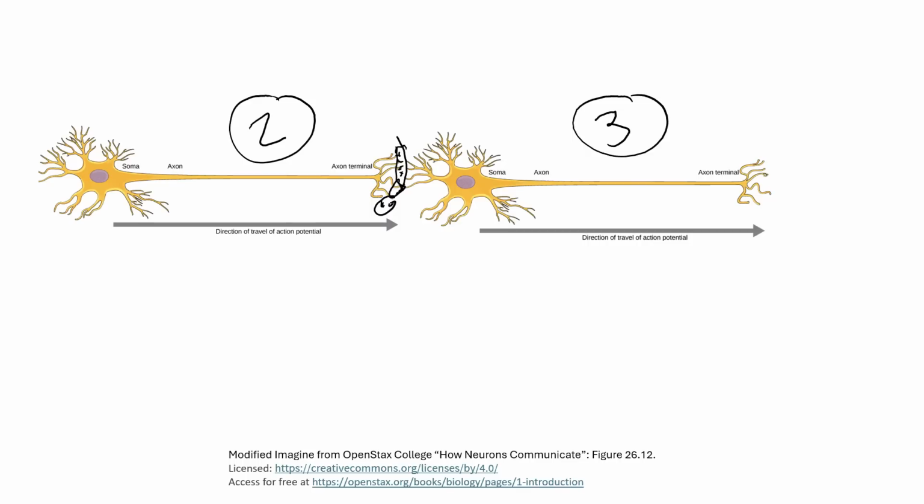So we can probably imagine that on the dendrites of neuron number 3, specifically the portion of the dendrites that lie underneath the axon terminal buttons, there are going to be ligand-gated channels. And let's pretend that those ligand-gated channels bind a specific excitatory neurotransmitter, which was just released by neuron number 2.